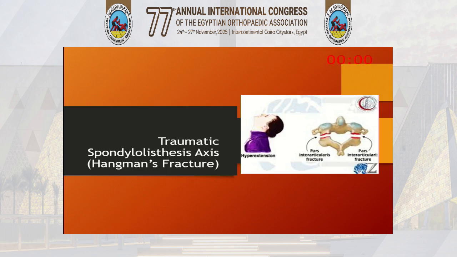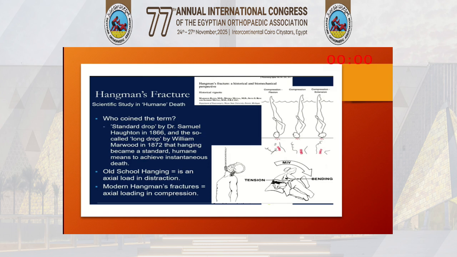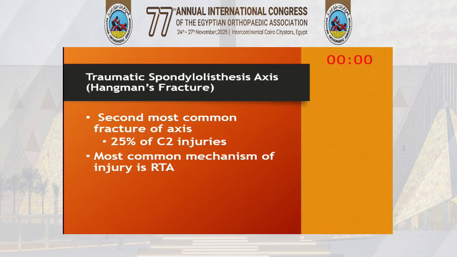The hangman's fracture, traumatic spondylolisthesis of the axis. Judicial hanging differs from the civil injury in that judicial hanging is hyperextension with distraction, but the civil injury is the reverse: hyperextension with compression.